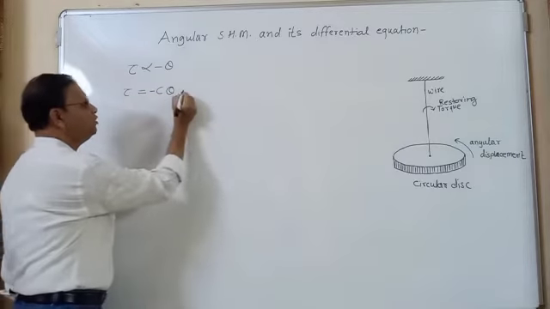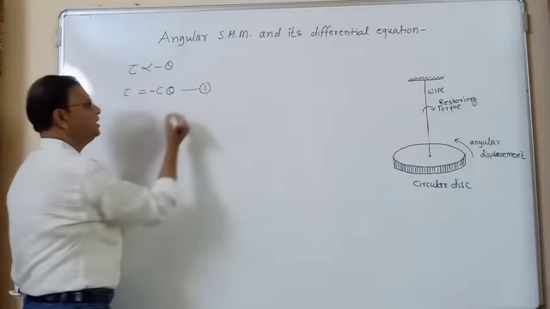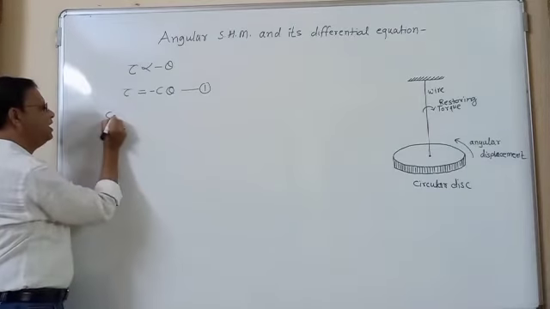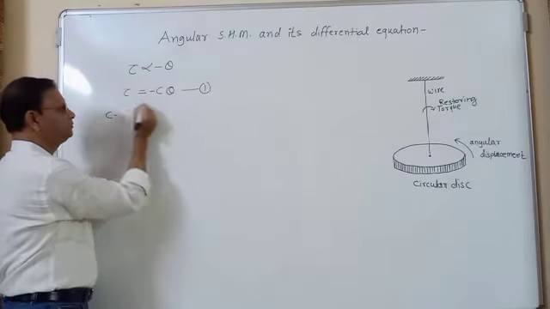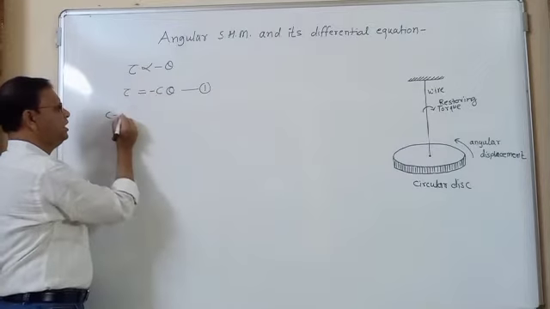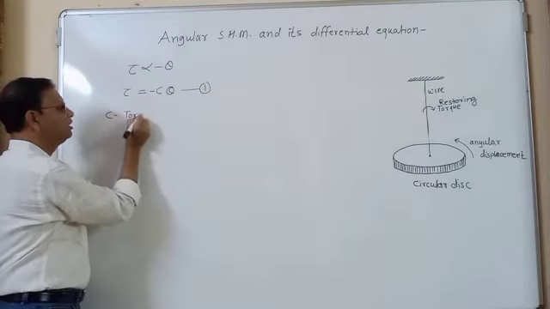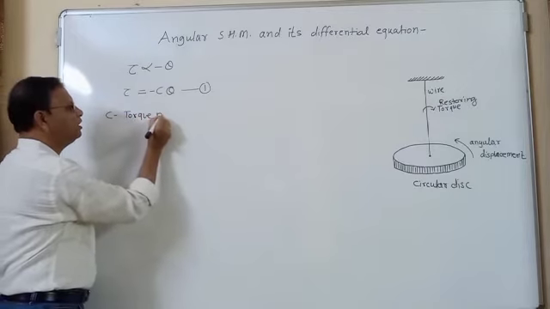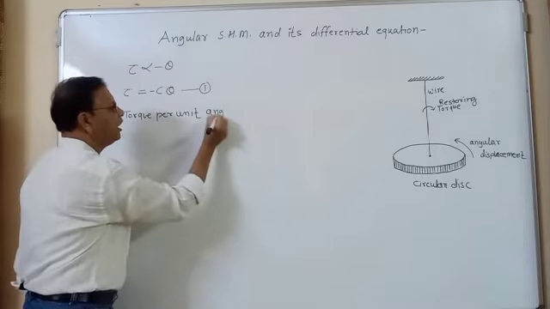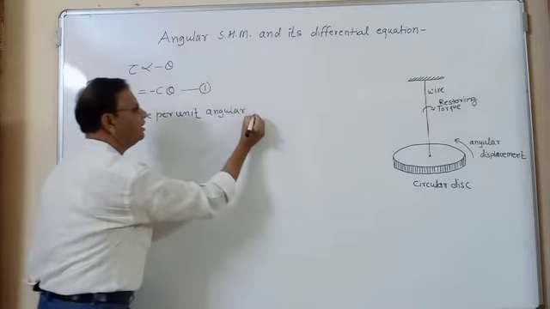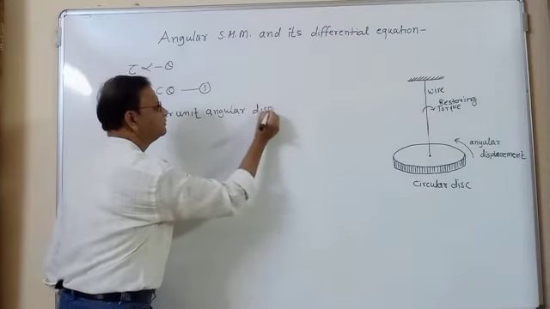So tau is equal to minus C theta, where C is called the torsional constant. We can say that it is the torque per unit angular displacement.